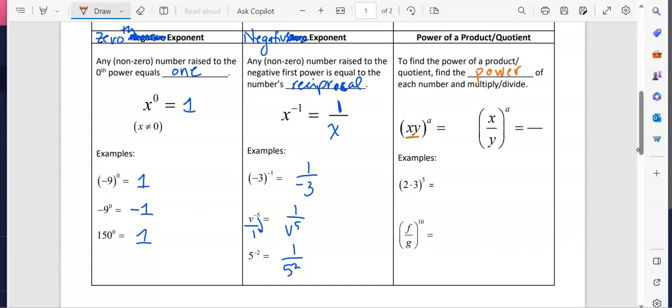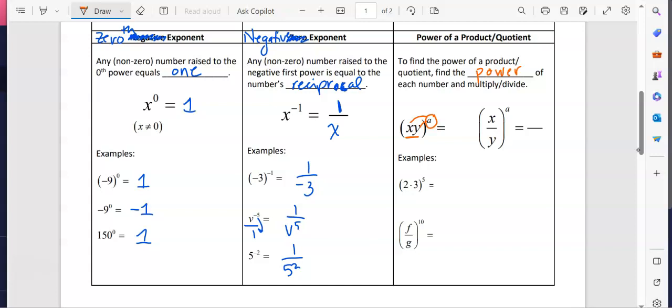So in this case, we have xy as our base, and it's being raised to the 8th power. And so our typical power to power rule is to take the outside exponent and multiply it with the inside exponents. We're going to do that same thing, except everybody as the base inside the parentheses gets that extra multiplication of the two exponents.